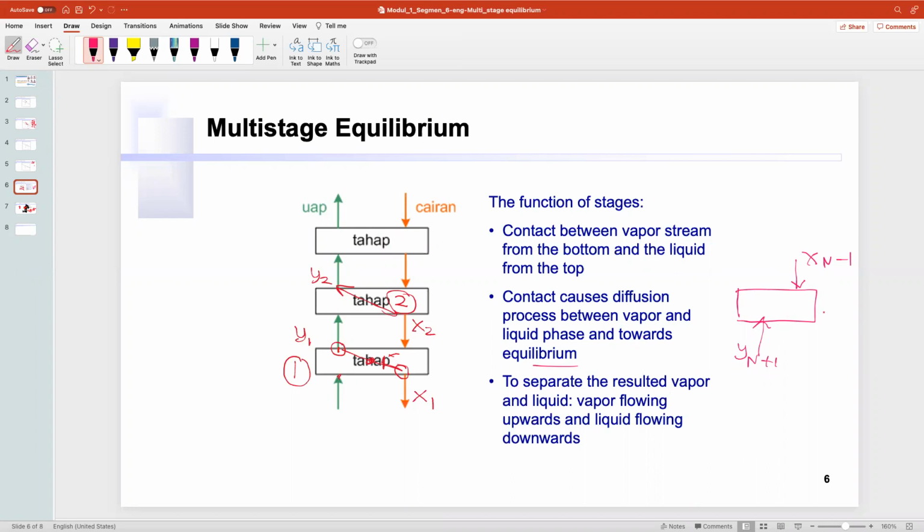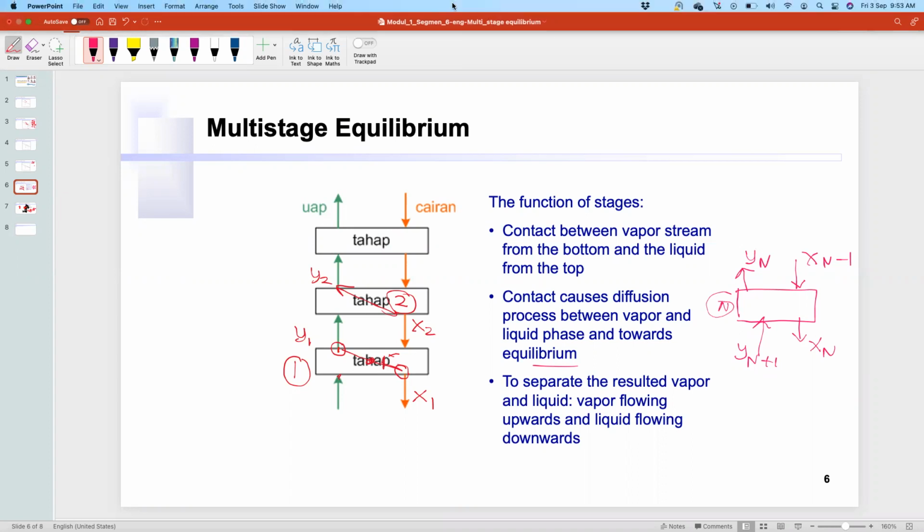Then after equilibrium, we separate them again. This one becomes yn, and this one becomes xn. Yn plus 1 is going inside tray n, and yn is leaving tray n. Okay, good.